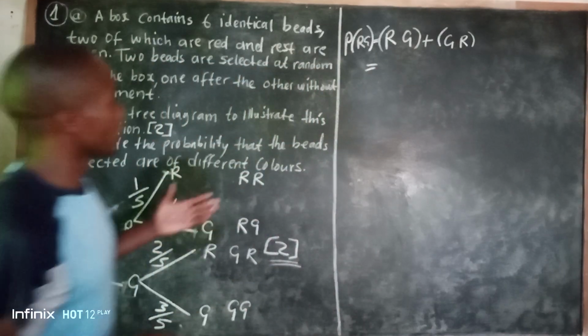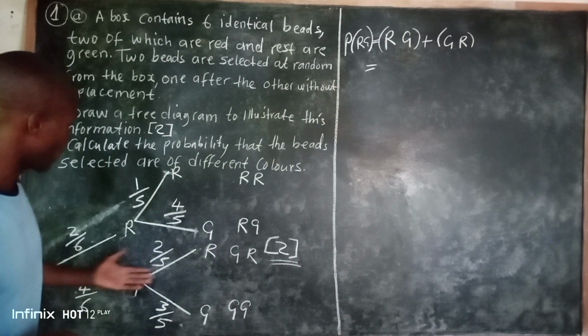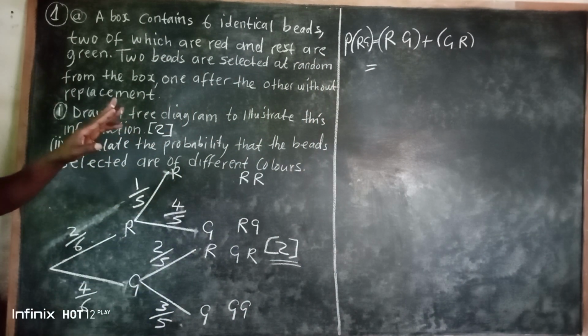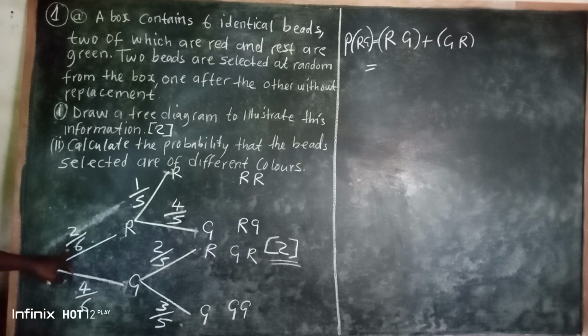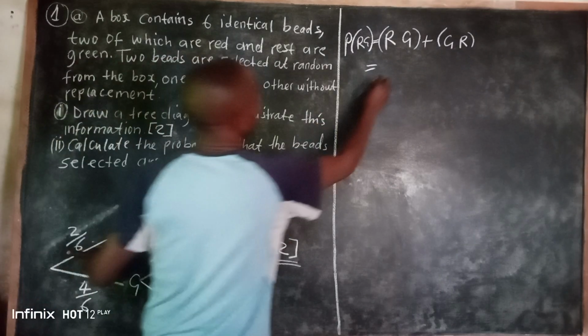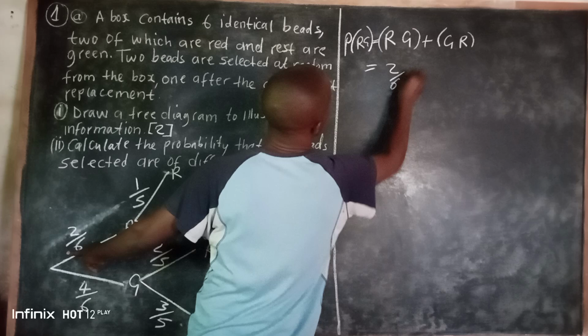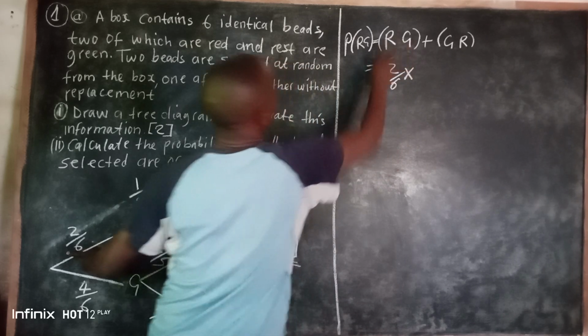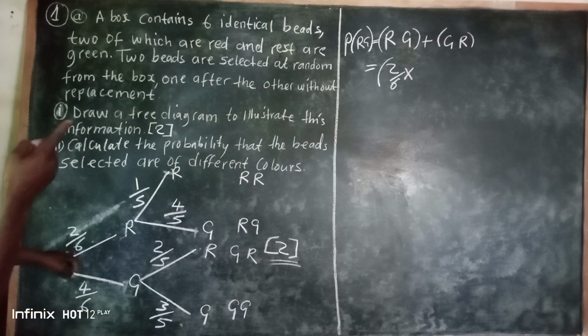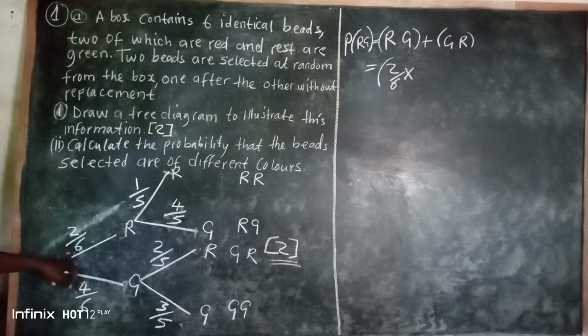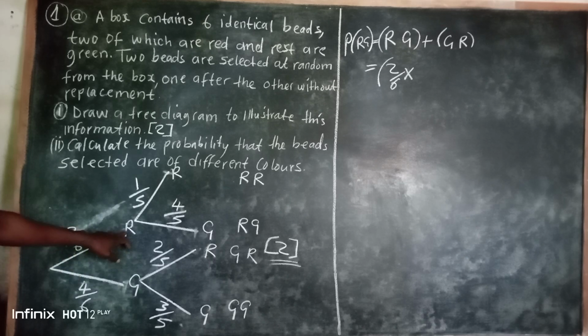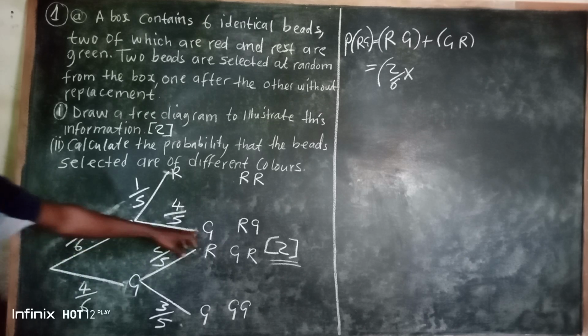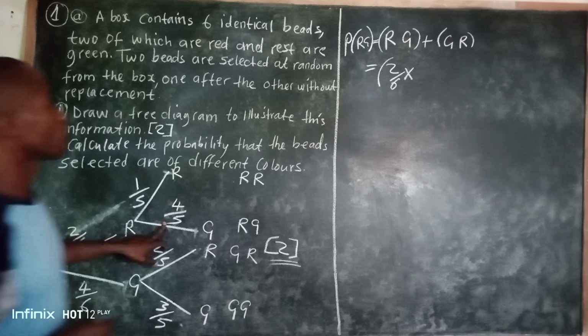Okay, so now let us substitute according to the values that you have. So R, we start with red G. So red is this one, which is 2 over 6. 2 over 6 times, remember where there is in between there is a multiplication. Then from there we have R. Oh, this is R. We have G. G is what? 4 over 5.